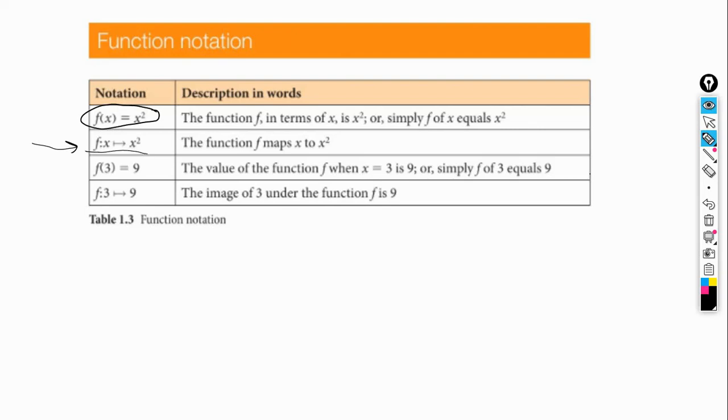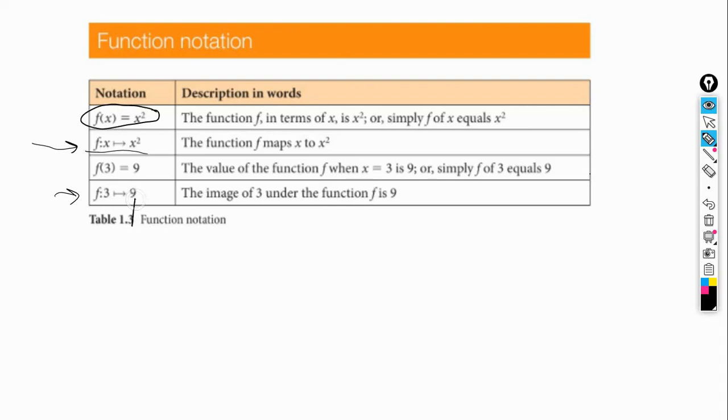What they say here is the function f maps x to x squared. So what are two examples of these? f of 3 equals 9, or the value of the function f when x equals 3 is 9. And then for this one, we would say the image of 3 under the function f is 9.